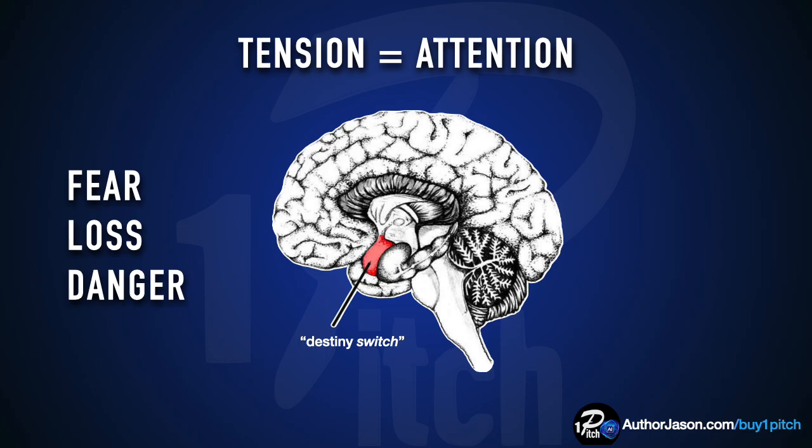That's it. So you've got to ask yourself, what are the things that your customers are fearful of that will lead to a purchase, that will make them realize danger so they will buy? Because this destiny switch is responsible for controlling your entire life.